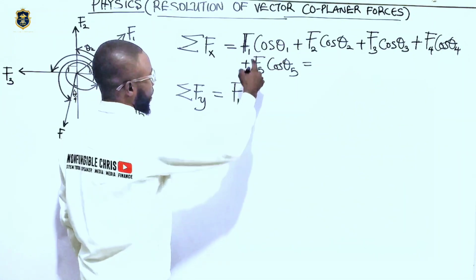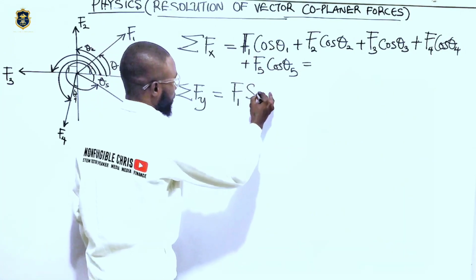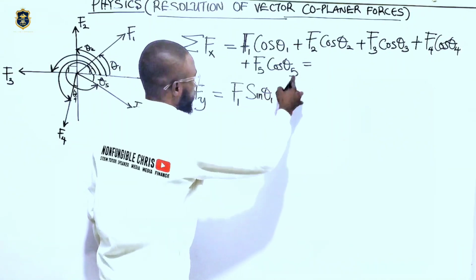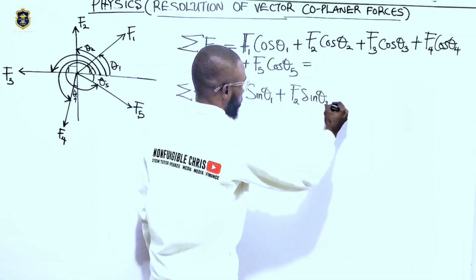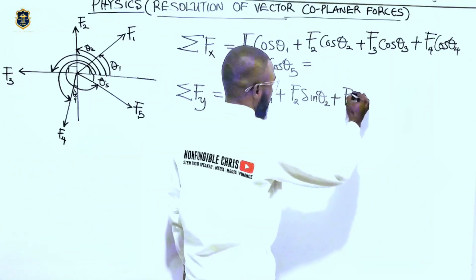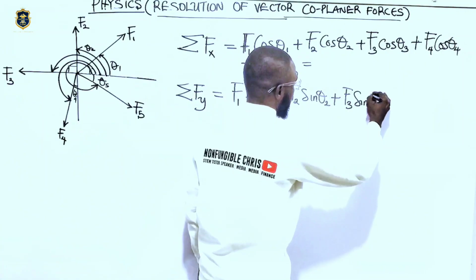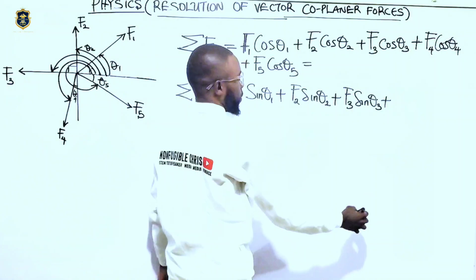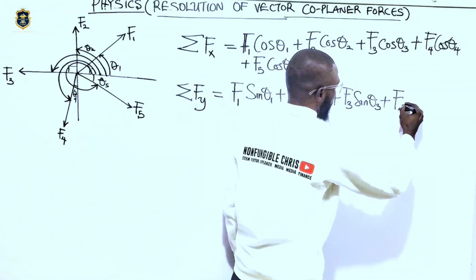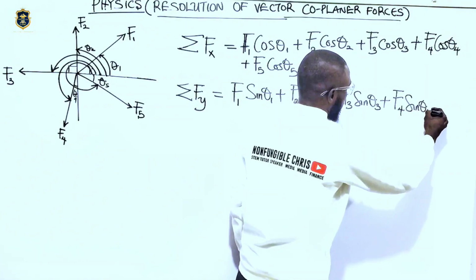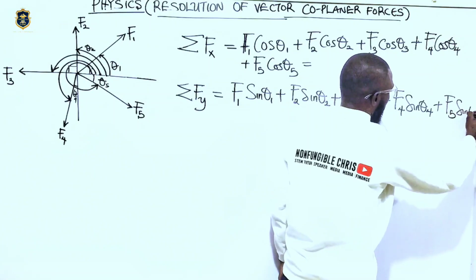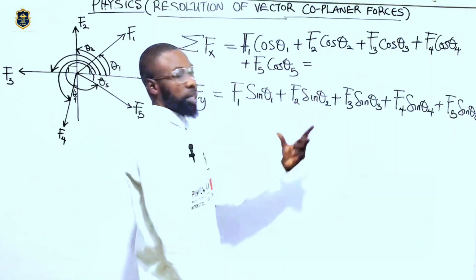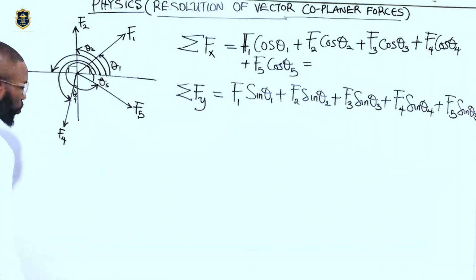So instead of cos theta 1, it's F1 sine theta 1 plus F2 sine theta 2 plus F3 sine theta 3 plus F4 sine theta 4 plus F5 sine theta 5.